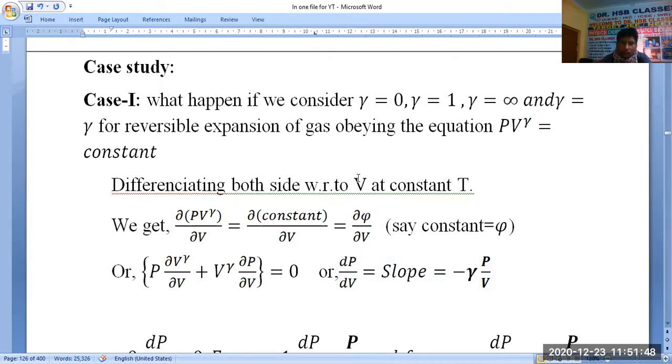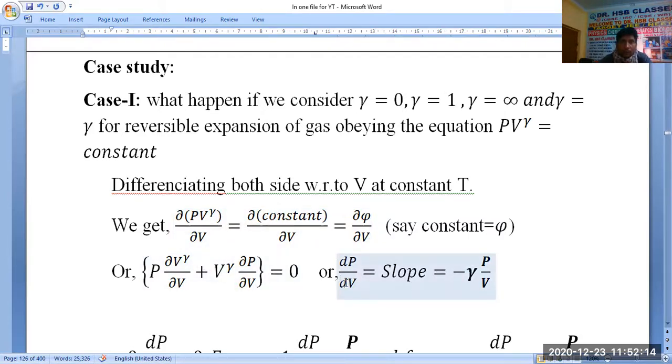What is the slope? If we consider the graph with pressure on the y-axis and V on the x-axis, then dP by dV equal to slope, and the slope will be negative.